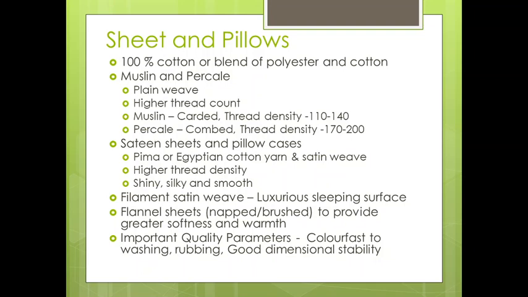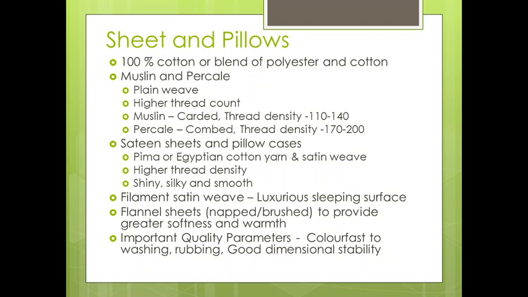The difference is that if we use 100% cotton, it is very comfortable, but there is a wrinkle problem, so these sheets may require ironing. However, if we use a blend of polyester and cotton, the life of the product will be better and there will be no need for ironing and it will look nice.